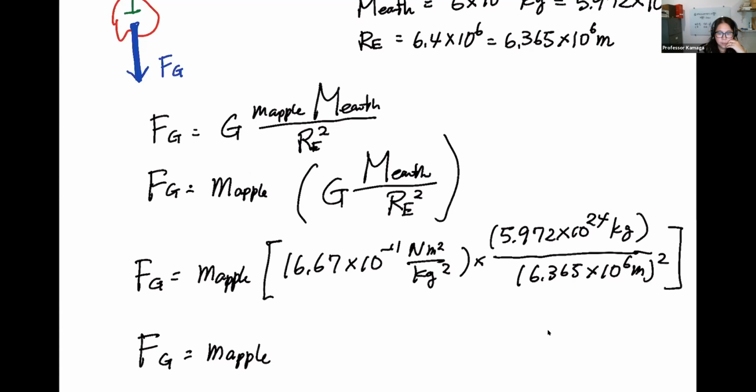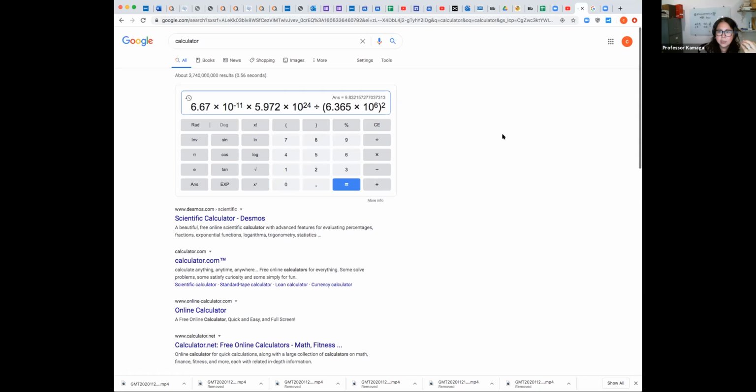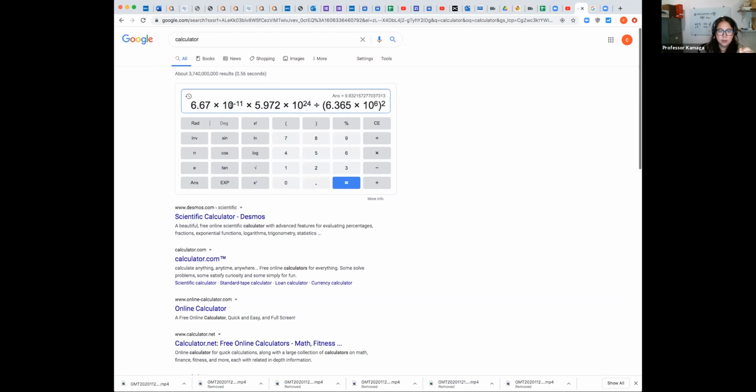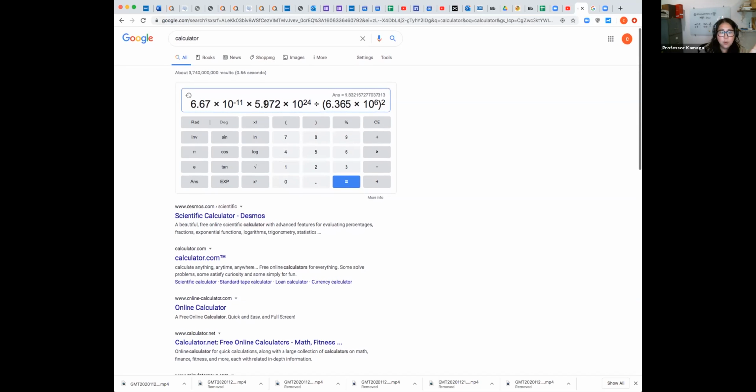So here, on Google, you can just put calculator. I already put in 6.67 times 10 to the minus 11, which is big G, the universal gravitational constant, times 5.972 times 10 to the 24, the mass of the Earth, divided by the radius of the Earth squared, 6.365 times 10 to the 6. The answer is, what do you see? 9.8.